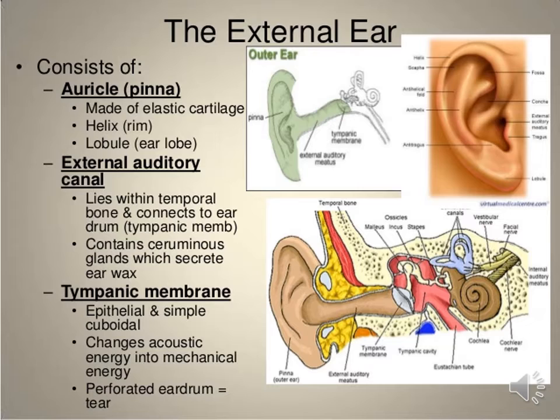The external auditory canal lies within the temporal bone and connects to the eardrum, the tympanic membrane, and contains ceruminous glands which secrete ear wax. The tympanic membrane consists of epithelium and simple cuboidal epithelium forming the membrane, changing acoustic energy into mechanical energy. A perforated eardrum is due to a tear of the membrane.